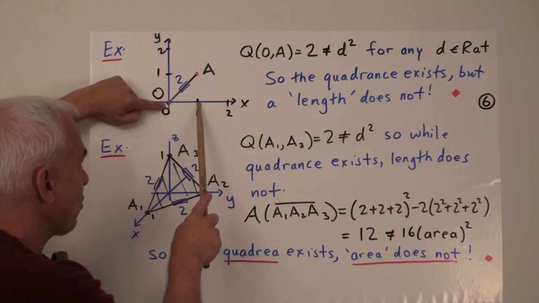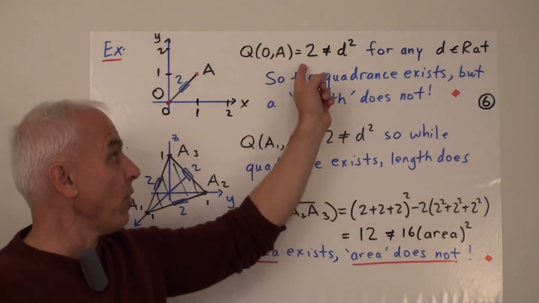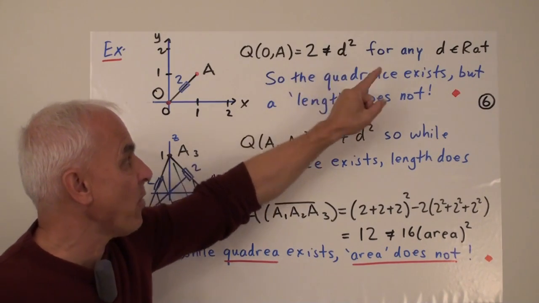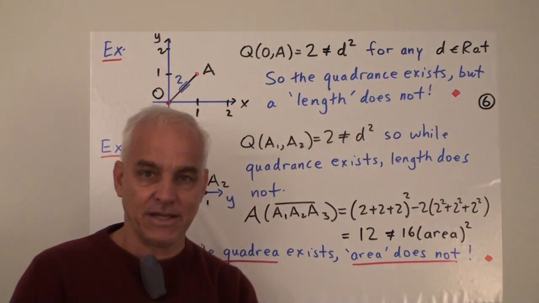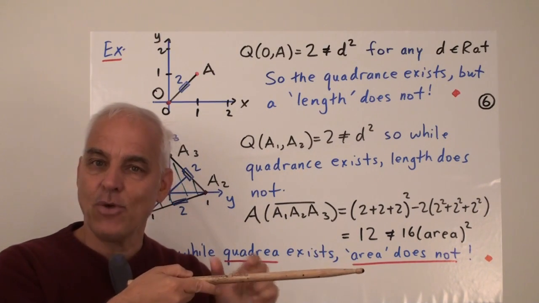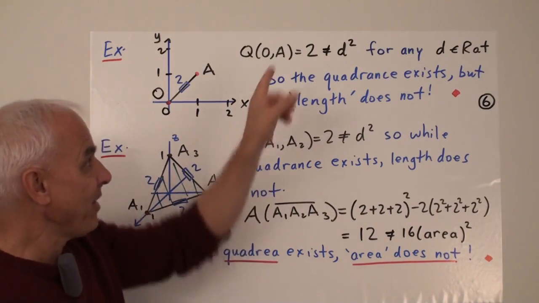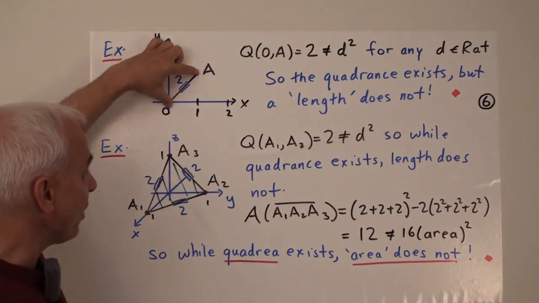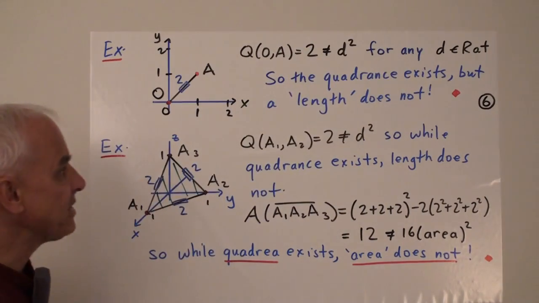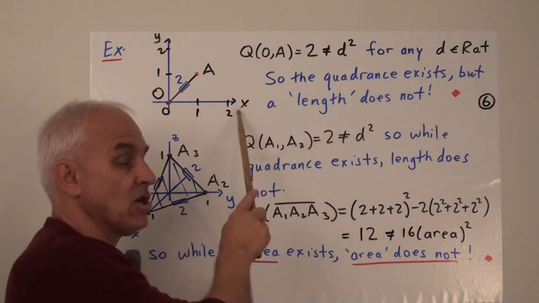It's this squared plus this squared. 1 squared plus 1 squared, which is 2. But this number 2 cannot be written as d squared for any rational number d. In the one-dimensional case, quadrance is always the square of a signed length. But here, the quadrance between these 2 points is not a square. So it means that although the quadrance exists, the notion of length does not.